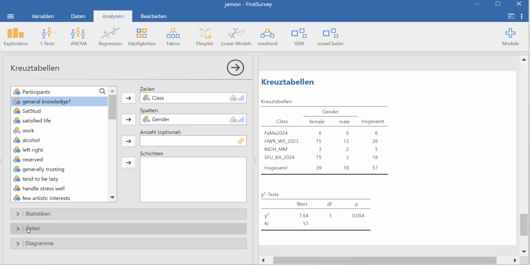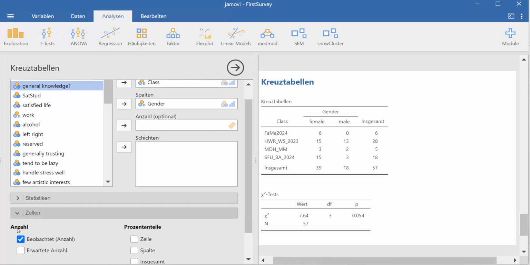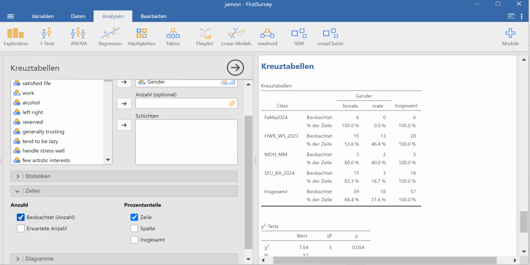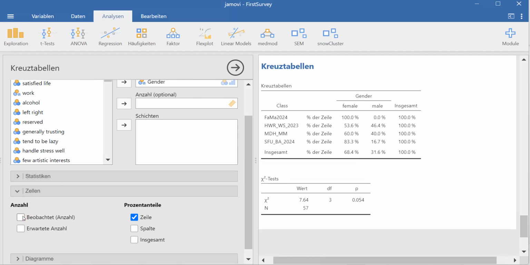And if you click on cells, there you find the percentages here. And let's say one class should be 100%, so the row should be 100%, and then we want to see how many percentage are female and how many percentage are male. So it's percentage in the row, and you can delete the observed value because the cross table now is a little bit confusing, so you don't want to present confusing data.